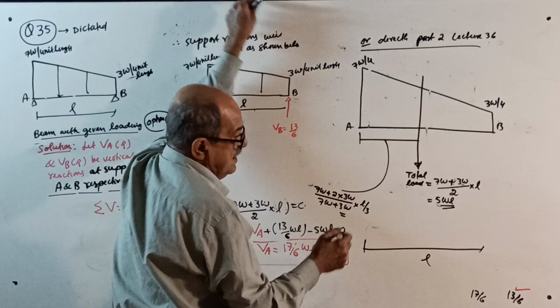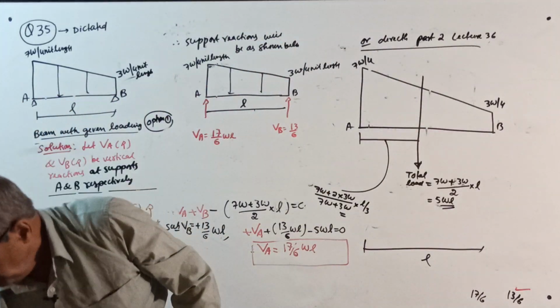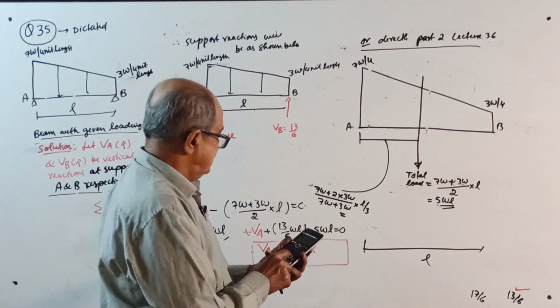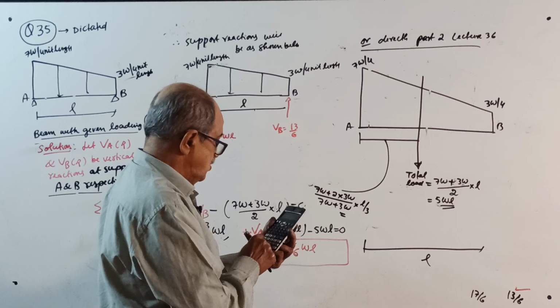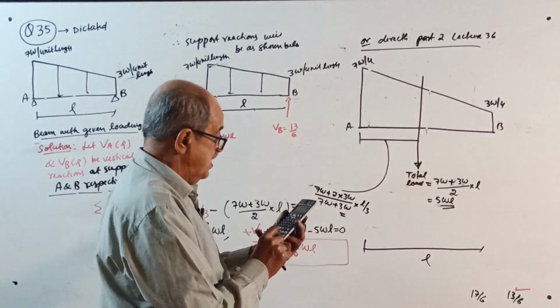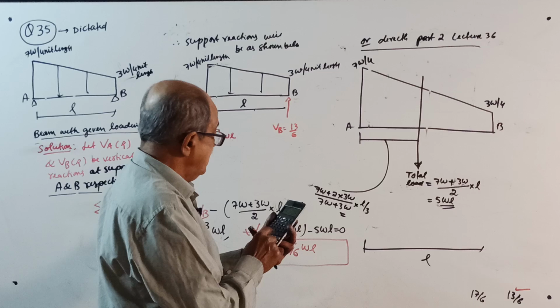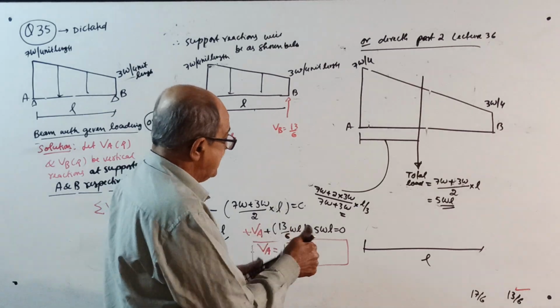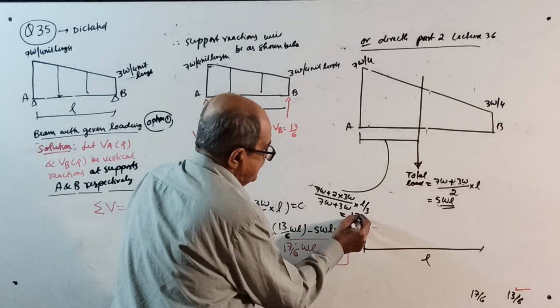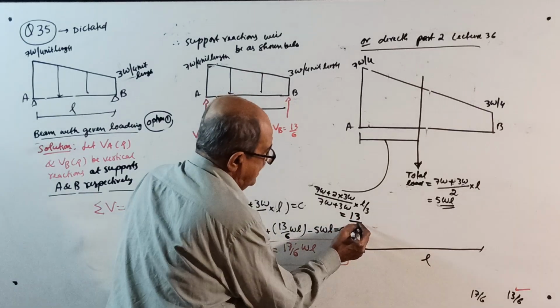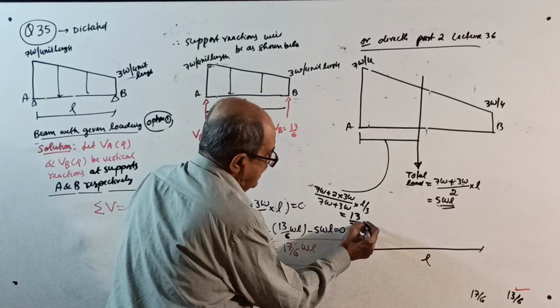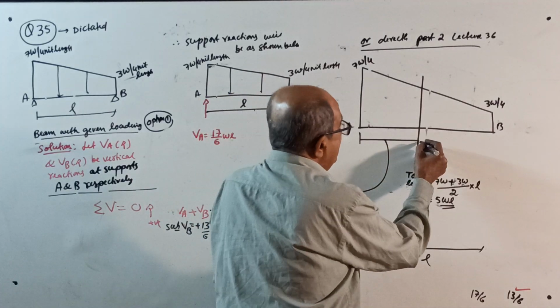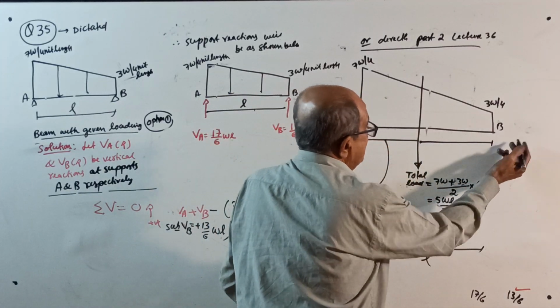Or if you simplify in terms of L, it will become 7 plus twice of 3, W will cancel, divided by 10, divided by 3. It will come 13 by 30 L.